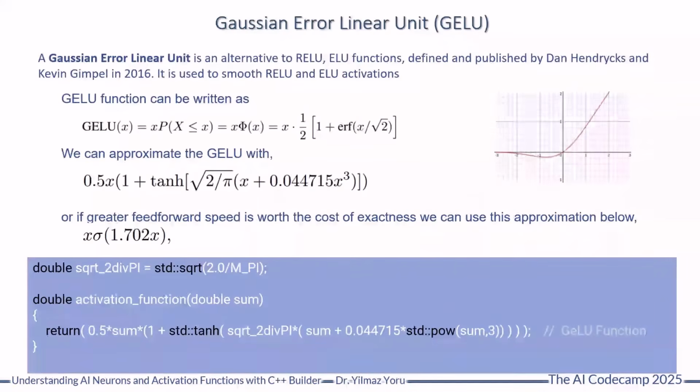And the other one is the Gaussian error linear unit function. It's an alternative to the ReLU and ELU functions, defined and published in 2016. It is used to smooth ReLU and ELU activations. The GELU function can be written as below, as you see in the formulations.